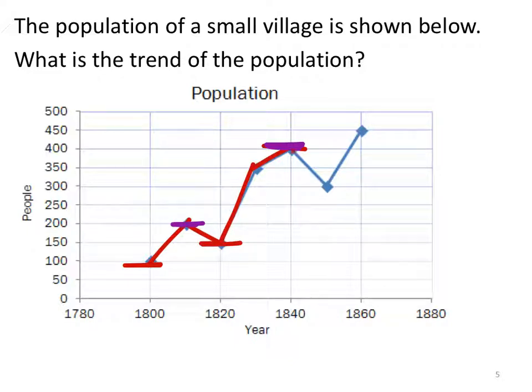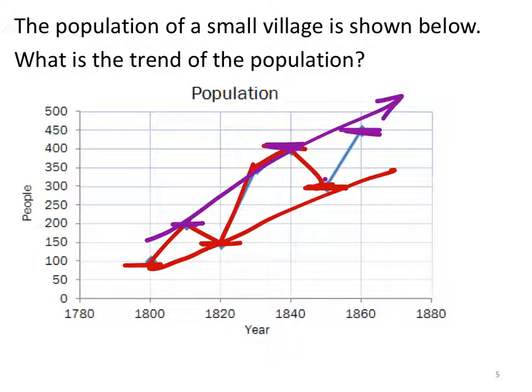It does drop down, but again, we're looking at a low point here. So the lows are getting higher and higher, and the highs are also increasing. Since both the highs and the lows are increasing, the trend is, I'll just put, increasing.